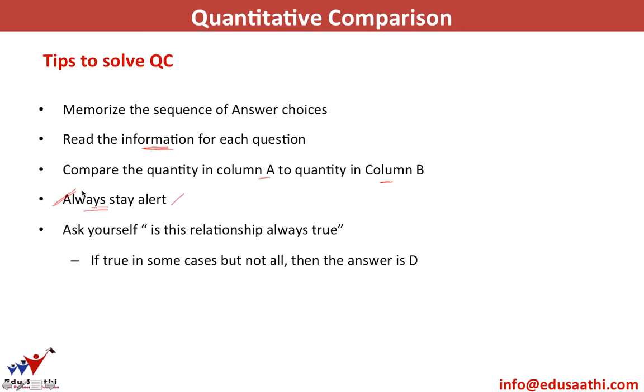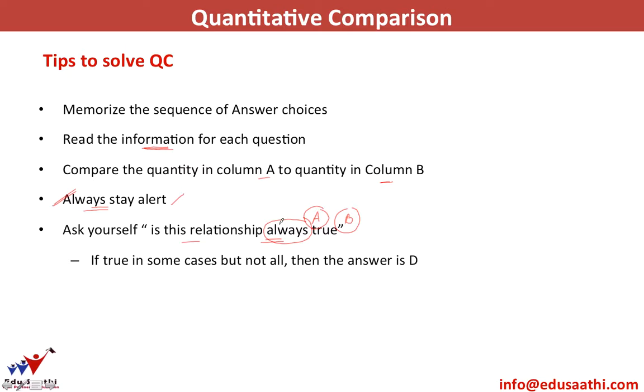Then the most important thing is, you'll have to ask yourself, is the relationship always true? That means if I am comparing column A and column B, is column A always greater than B, or is column A always less than B? This always is very important.